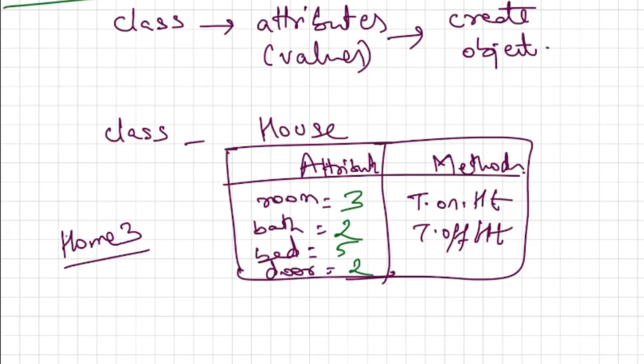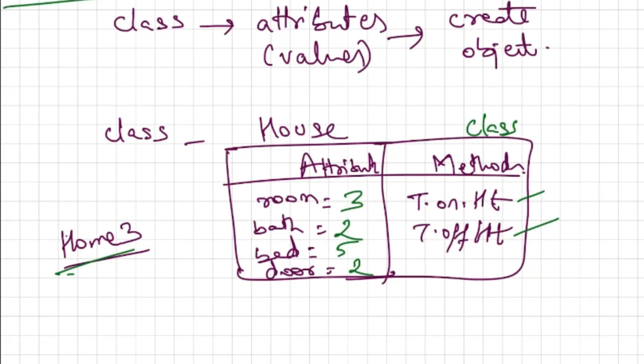And then we have these methods. So inside this object, which you're calling home3, it has these attributes. The values of those attributes are 3, 2, 5, 2, and it has these methods. Methods are actually of the class, and they can be used inside this object.